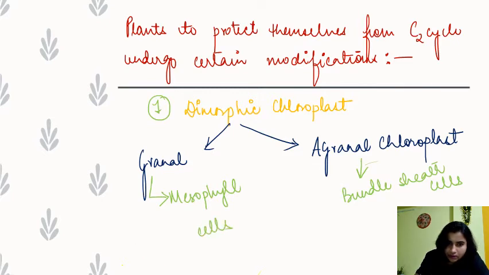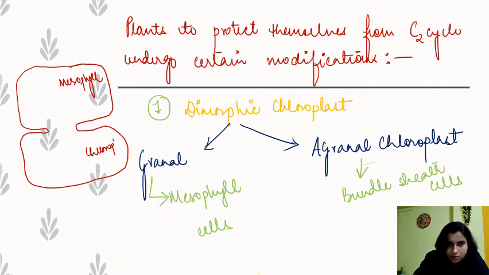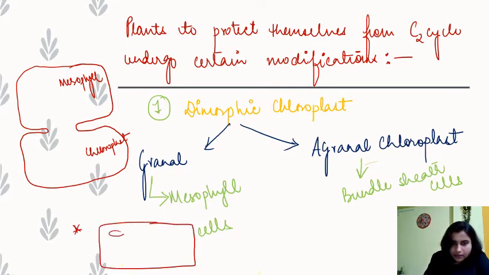So how they look like is, this part will be mesophyll and this part will be chloroplast. So this sort of modification they undergo. Now what is granule? An individual one is known as a thylakoid.